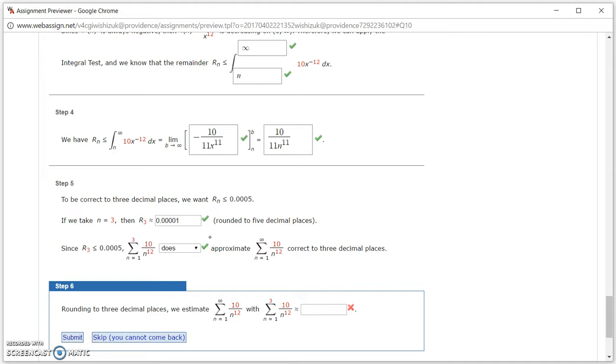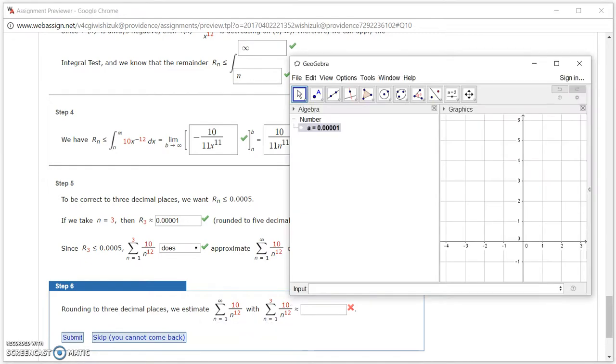Let's look at step 6. Rounding to 3 decimal places, we estimate this guy using just the first 3 terms. Let's compute that.